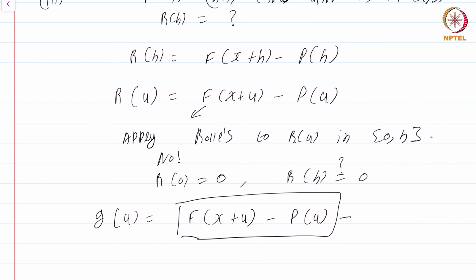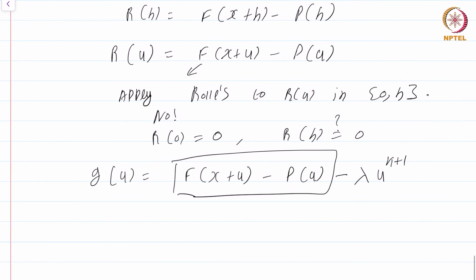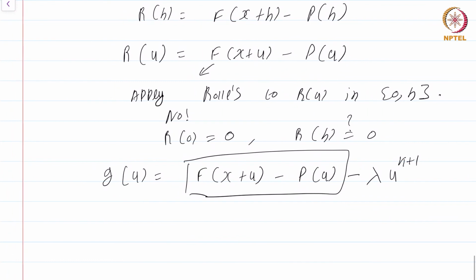If I want to make this g of u 0 at u equal to h, I don't want to touch the value of g at the point 0. So what I do is I subtract a quantity lambda. Lambda is going to be a constant which I am going to determine, times u to the k plus 1. Why did I do u to the k plus 1? Because of the convenient property that at u equal to 0, the first k derivatives vanish.